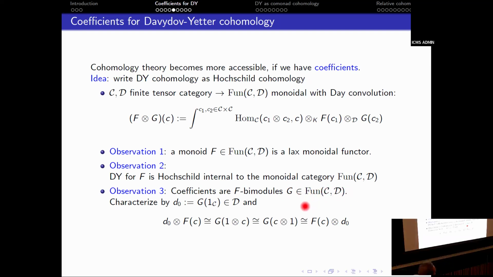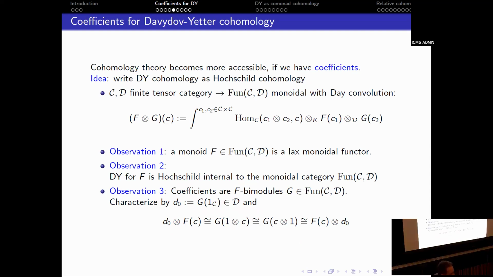So it is a functor, but it has a left and a right action. And that amounts to having constraints here. And we can characterize this functor by its value on the monoidal unit, which is an object in D. And then we have constraints here, and constraints here, which show that the essential information amounts to having an object in the target category D and a half braiding.